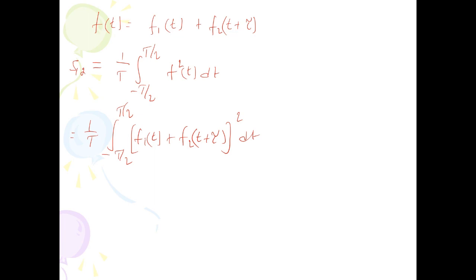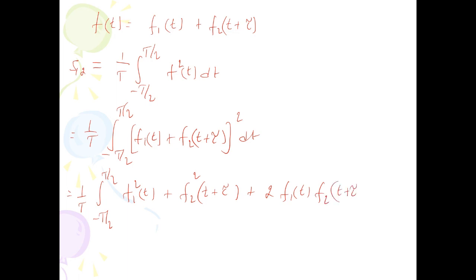Now you have to expand this. This is 1 by T integral minus T by 2 to plus T by 2, f1 square of t plus f2 square of t plus tau plus 2 into f1 of t into f2 of t plus tau, into dt.